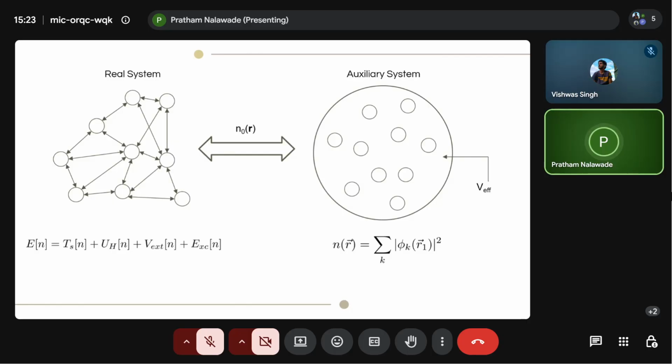The Coulomb term, external potential, and exchange term are my V effective, which I got when I used my antisymmetric wave function and minimized it. That was written for my wave function, but here I need this in terms of electron density. So I will minimize it so that I know what that V effective is.